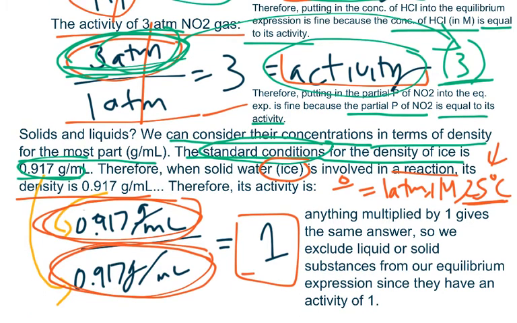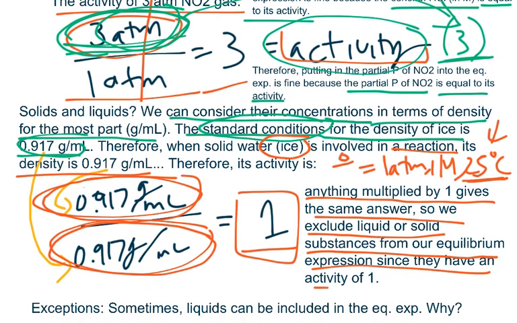So the activity of solids and liquids tends to be 1, and anything multiplied by 1 gives the same answer. So we exclude liquids or solid substances from our equilibrium expression since they have an activity of 1, and if you multiply them, you get the same answer, so that's why we don't include them at all.